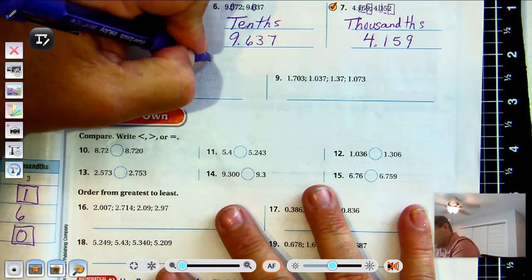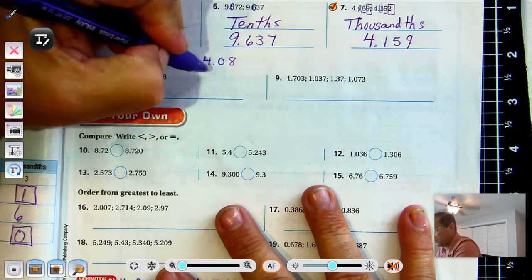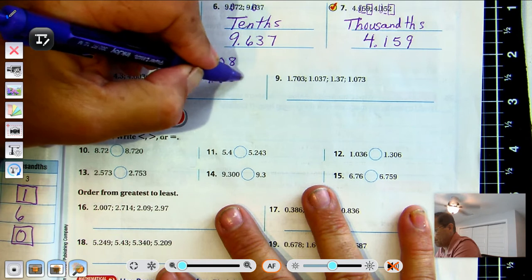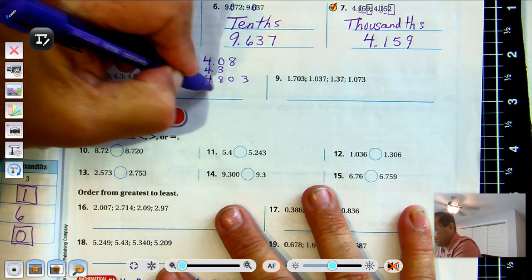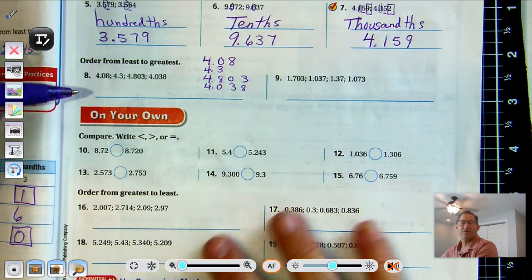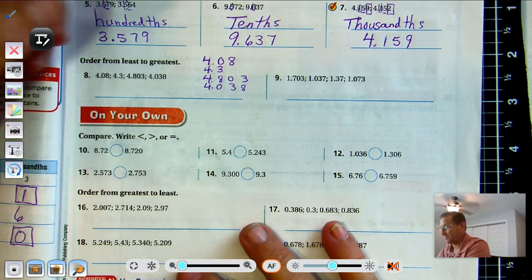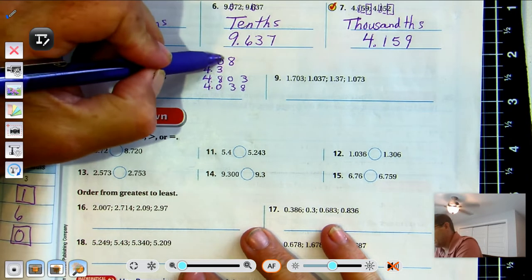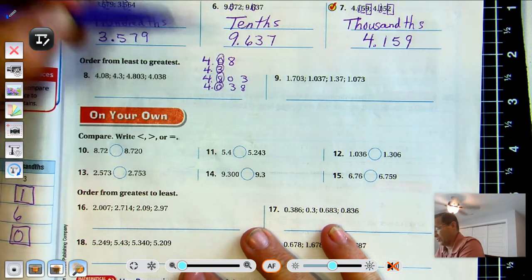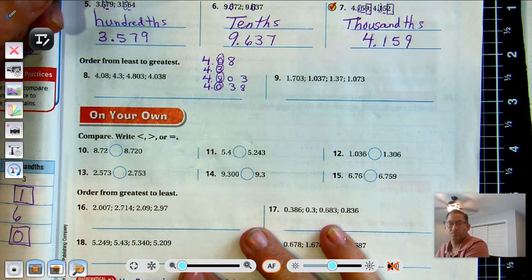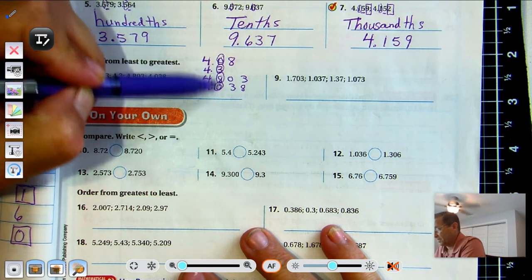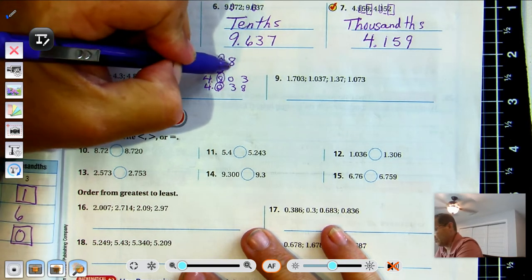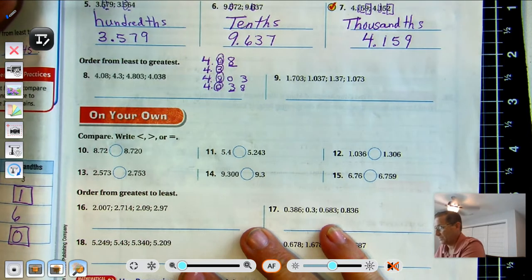So I'm going to rewrite these so that they're stacked on top of each other so I can compare place value. Okay, I'm looking for the smallest number first. So the 4s, the 1s doesn't help. Okay, here we have 0, 3, 8, 0. Well, the zeros are the smallest one. So let's go to the next place value to see which one of those is biggest or smallest.